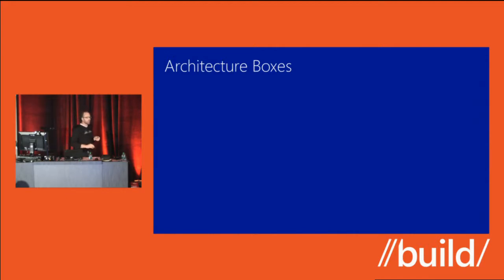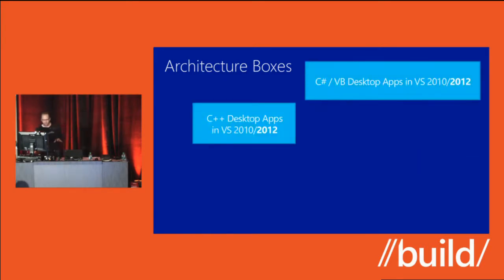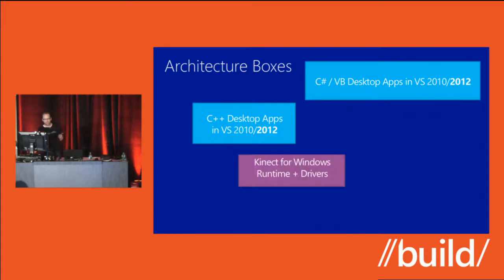I'm going to show you a few obligatory architecture boxes and then jump into coding. So we support C++ and managed applications. We now support Visual Studio 2012 or 2010 with our latest update last month, October of 2012, when we released version 1.6.